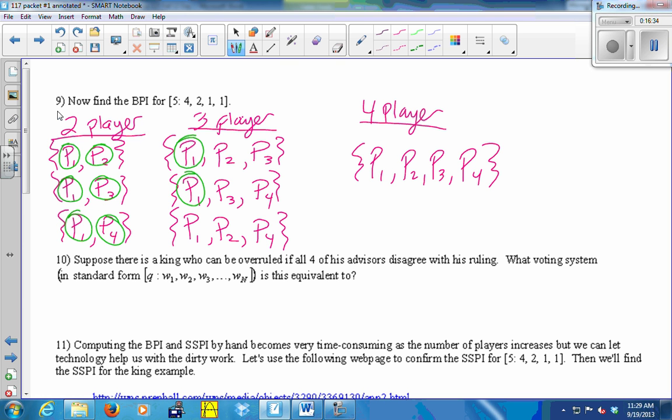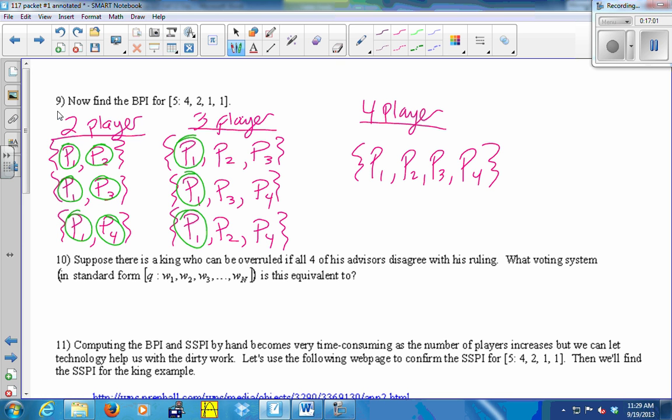And then player 1, player 2, player 4, who's critical? Definitely 1, because if 1 leaves, 2 and 4 have only 3 votes together. Now let's check player 2. If player 2 leaves, player 1 and player 4 have 4 votes and 1 vote. They have enough, so player 2 is not critical, and player 4 is not critical.